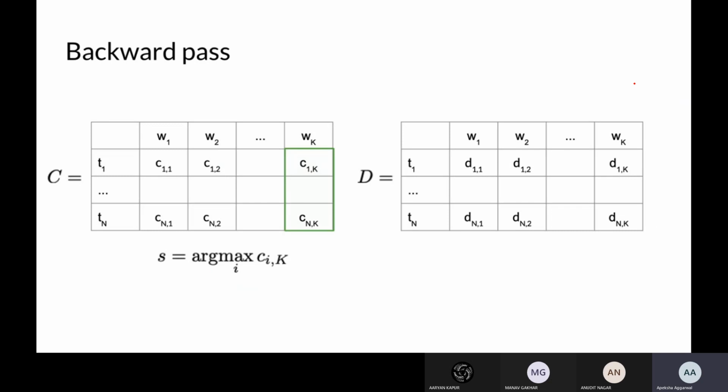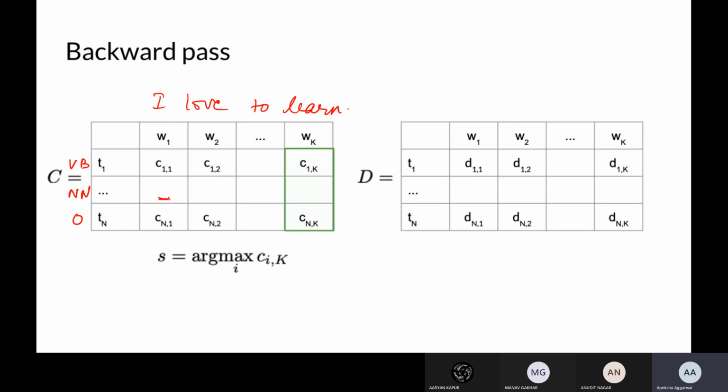In the backward pass, because we have filled the columns, now we want to calculate, out of this whole column, which one is best. The sentence was "I love to learn." I have all the chances, like if I'm on state verb, on state noun, or on state other. I have some probability for this one, and this one.